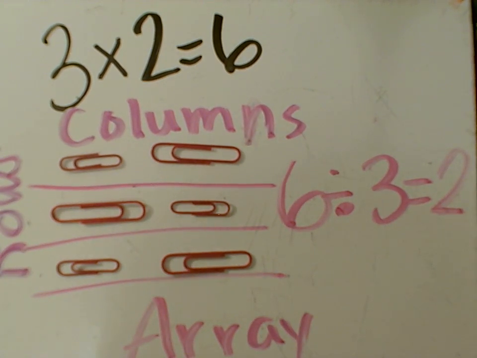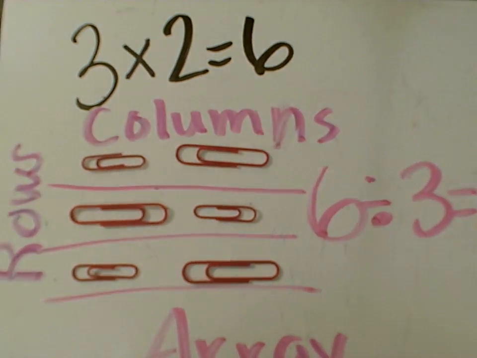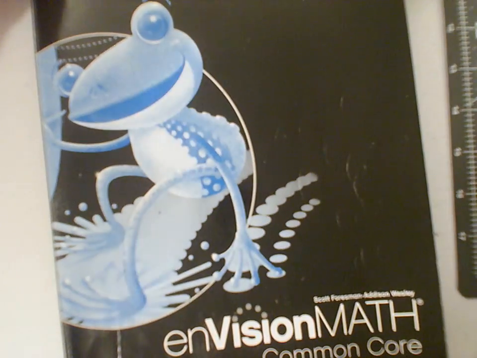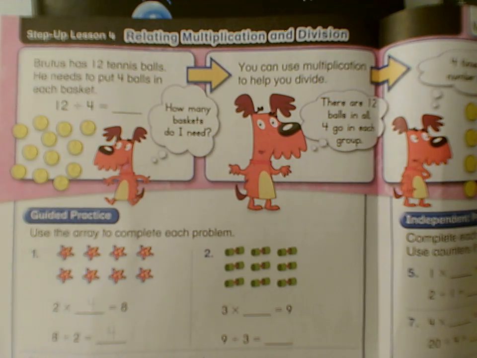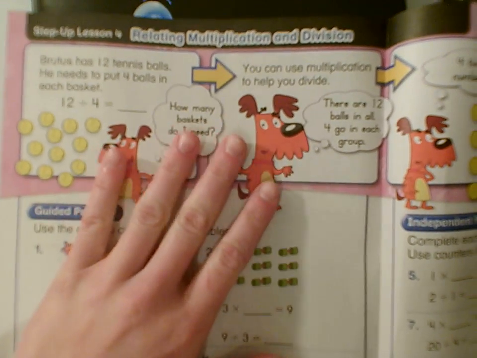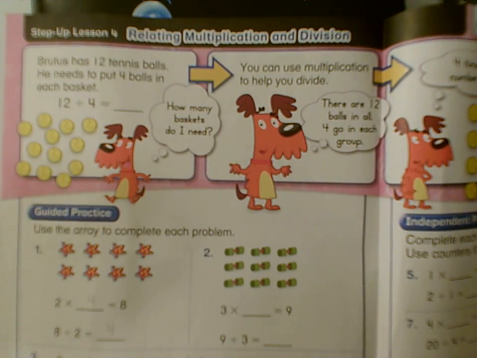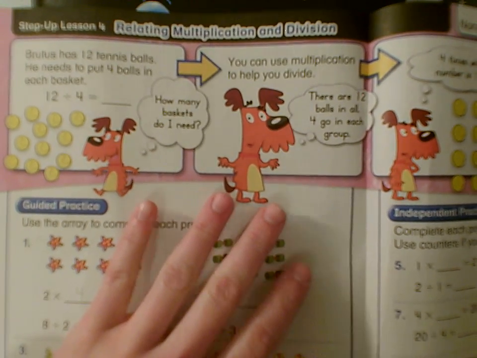You just got to work hard and try your best. Replay this video if you need to. That is totally fine. If you want extra practice, you can use your workbook after you do the math lesson in the packet. So you can go ahead and begin practicing in our Step Up Lesson 4.